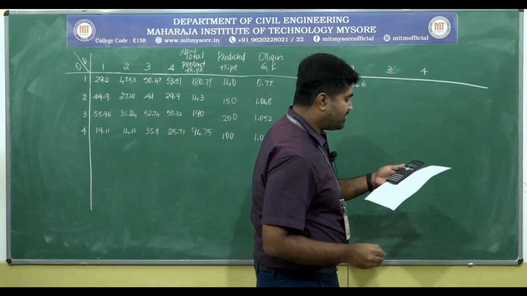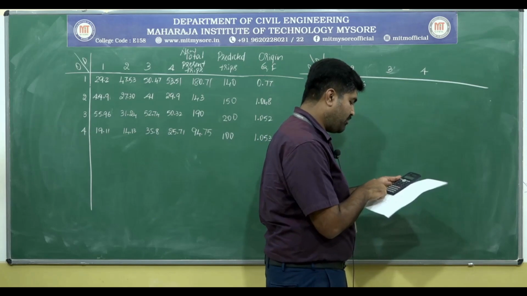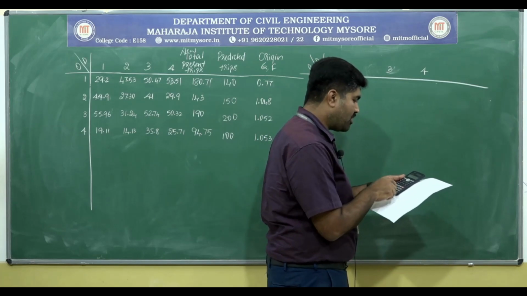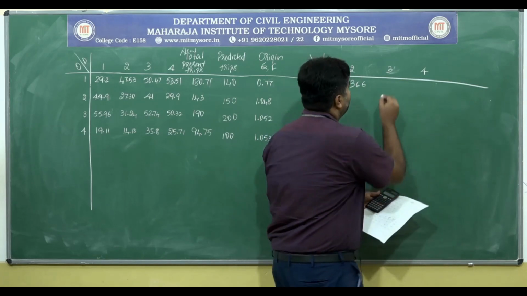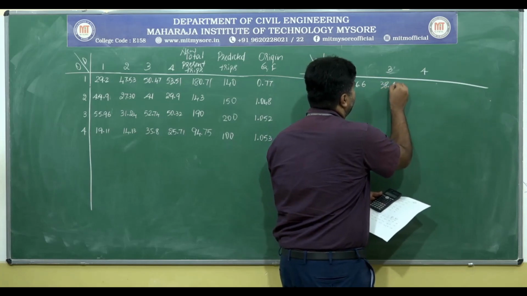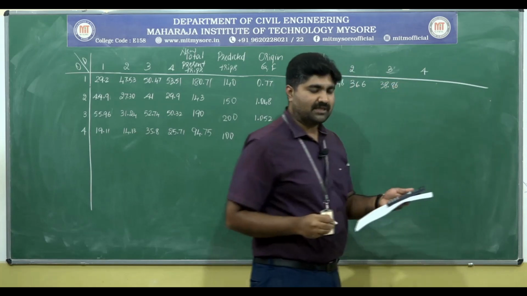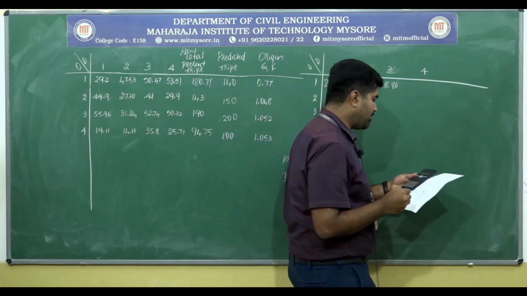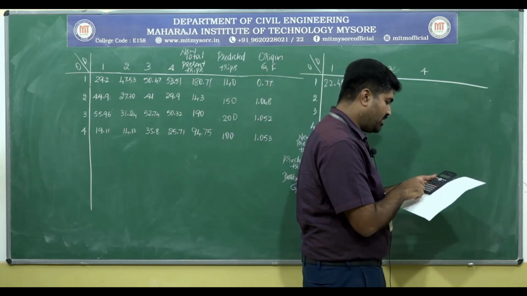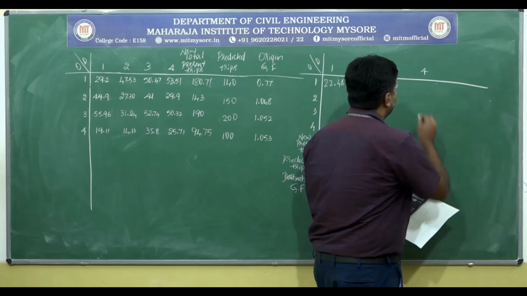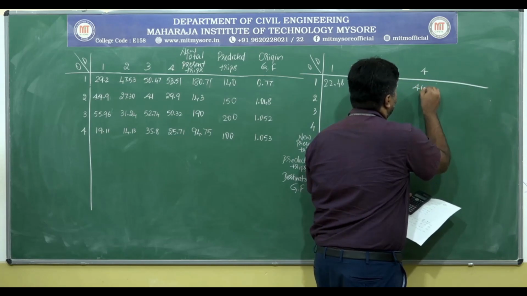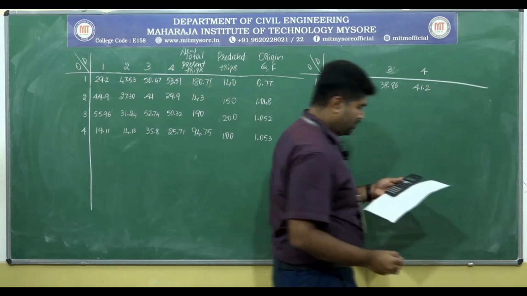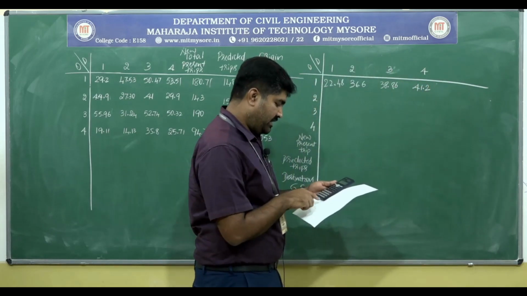Next, 0.77 into 50.47, you will get 38.86. Next, 0.77 multiplied by 53.51, you will get 41.2.